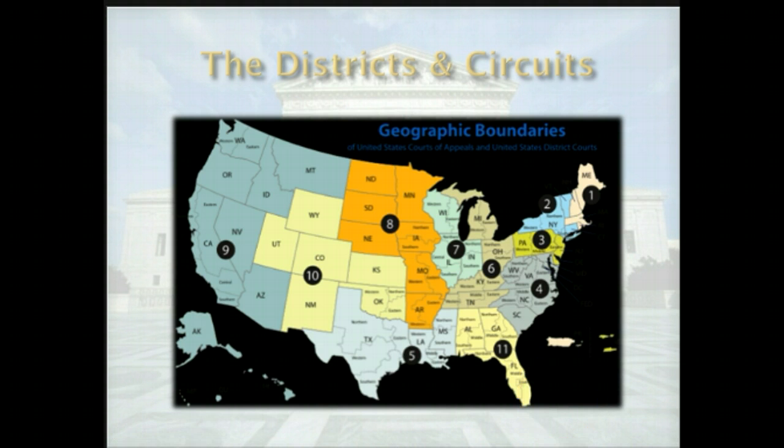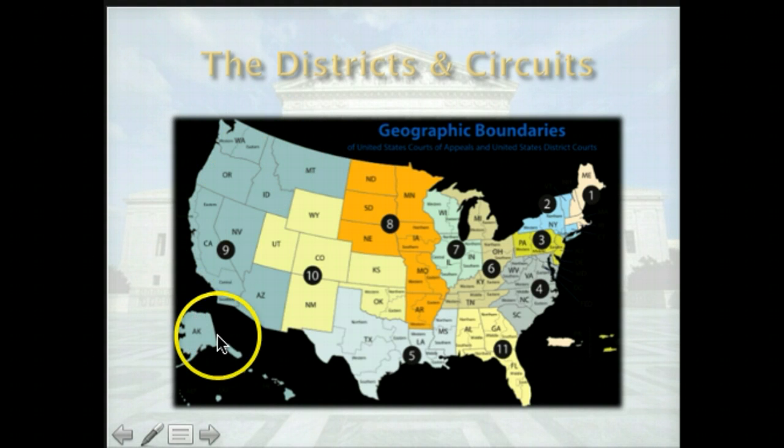And then the federal system goes to the next step, the Circuit Court of Appeals. We have 11 different appellate courts, like circuits, and then we have a few in DC.